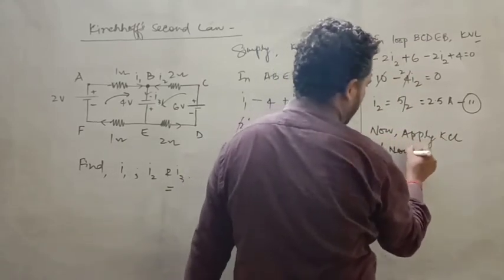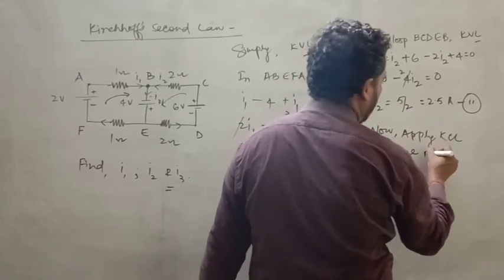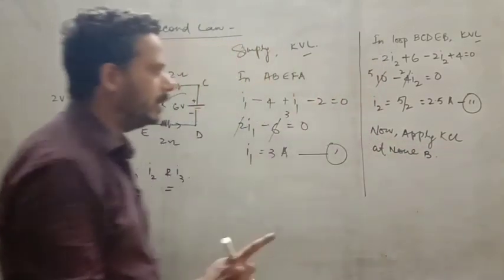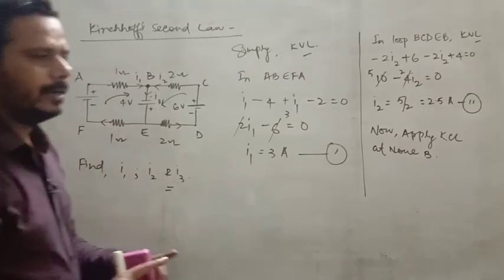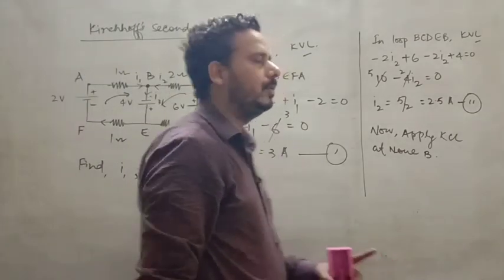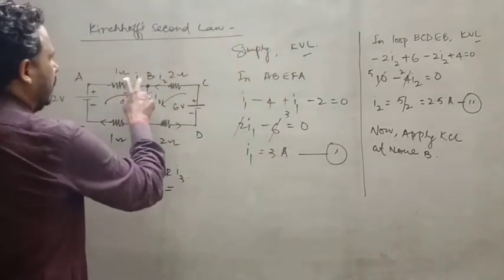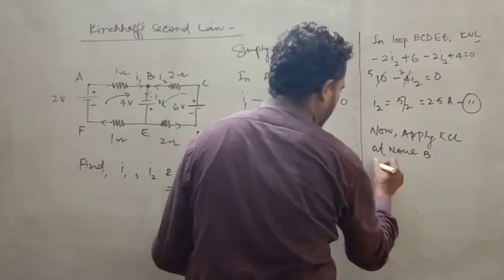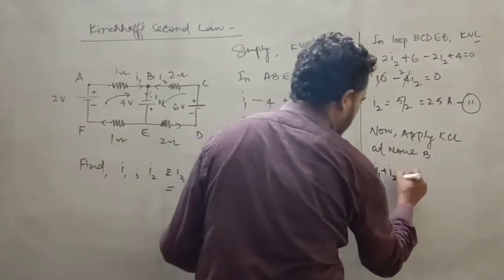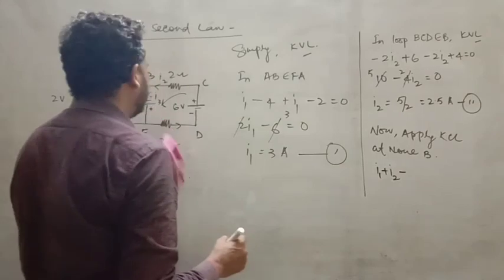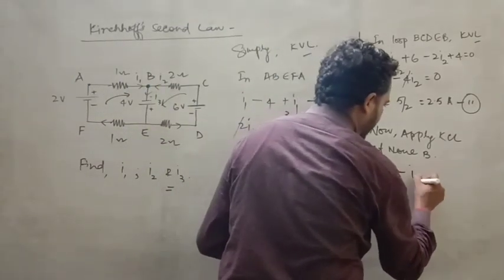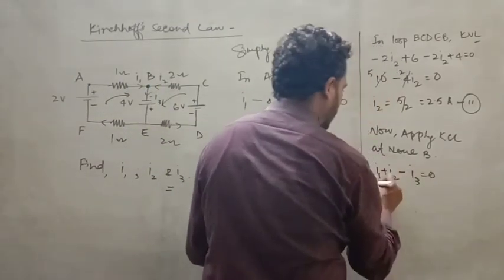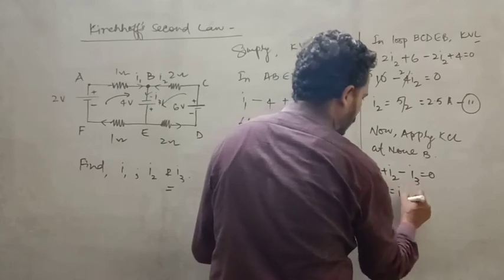So at node B. According to this first law, all incoming current is positive, outgoing is negative. That means I1, I2 be positive. So from here I1 plus I2 is positive, and outgoing is your I3. This one is negative, that is equal to 0. That means your I3 is equal to I1 plus I2.